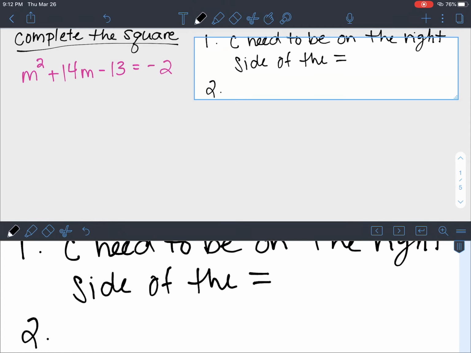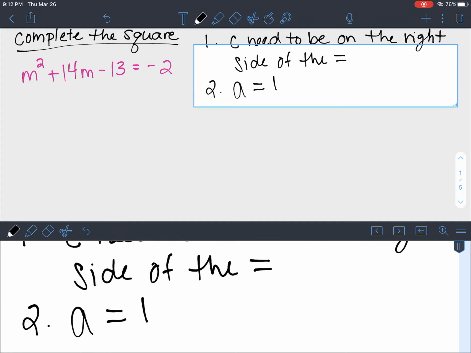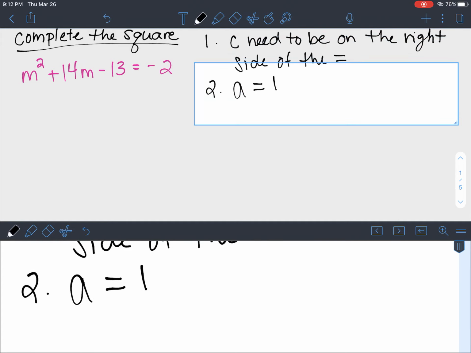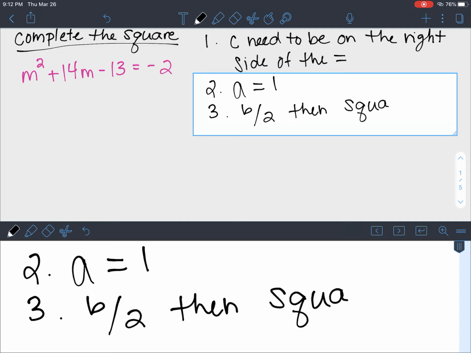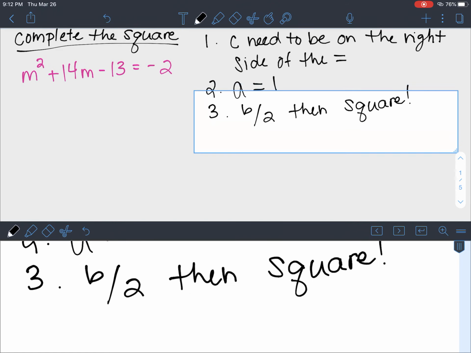Number two is that our A needs to equal 1. Step 3 is to just do half of B, so B divided by 2. Then square that. Step 4 is to add it to both sides.